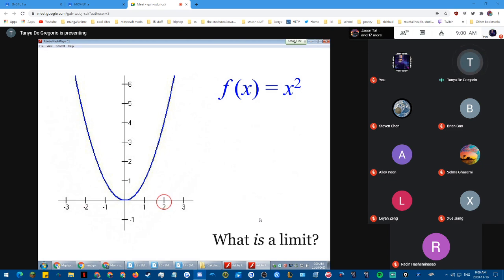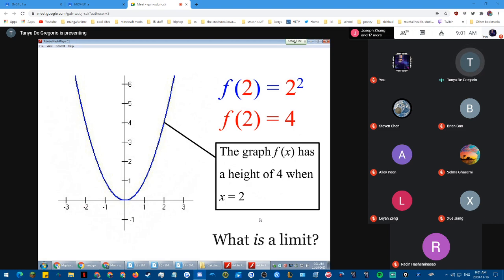Well, it's not very difficult to figure out exactly how high that function is going to be when x equals 2, because all I have to do is plug in that x value into the function to figure out what that height will be. So, if I plug 2 into x squared, I get 2 squared, or 4. This means that the function reaches the height of 4 whenever x equals 2.